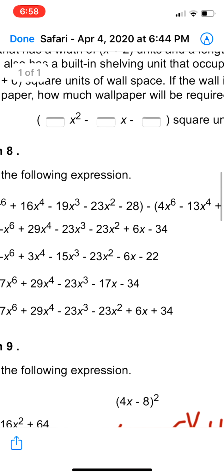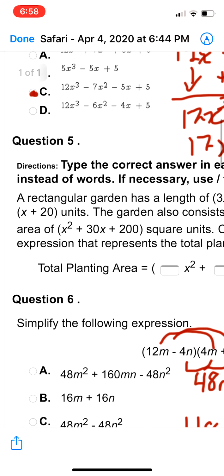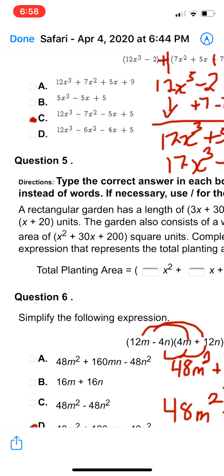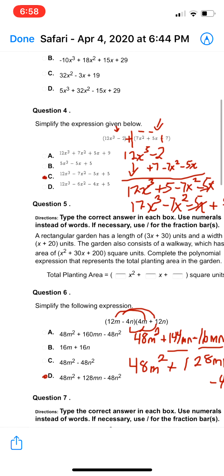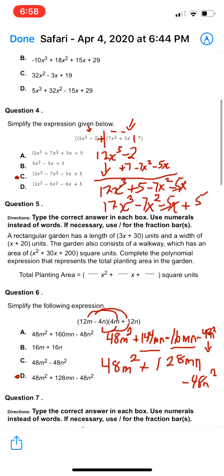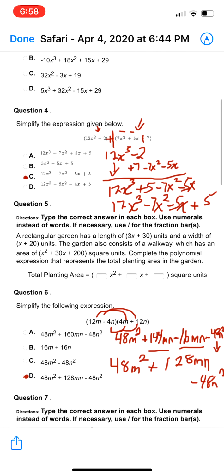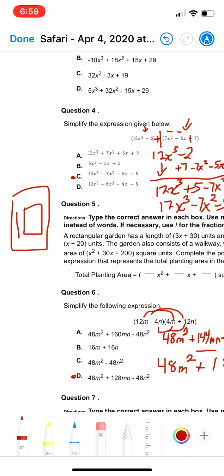All right, and finally, let's come back up here to this word problem that I read before. I don't have enough space for this, so you're going to have to bear with me here. So what you're going to want to do is think about this garden. You have a rectangular garden, and it also has a walkway. So this is the walkway.